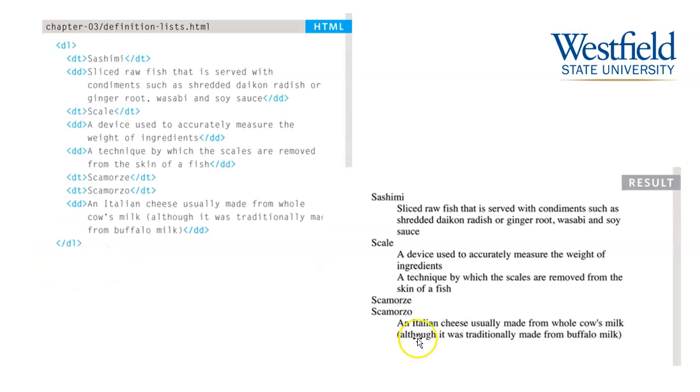So let's look at an example. Here we are defining sashimi, and a few other terms. And so you can have a DT without a definition, and that's what it will look like.